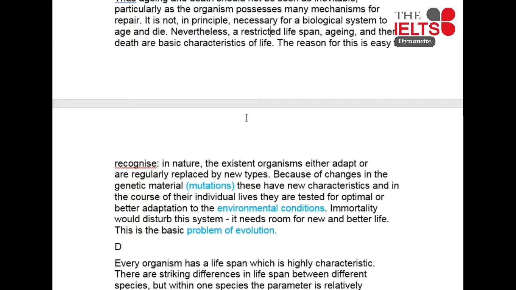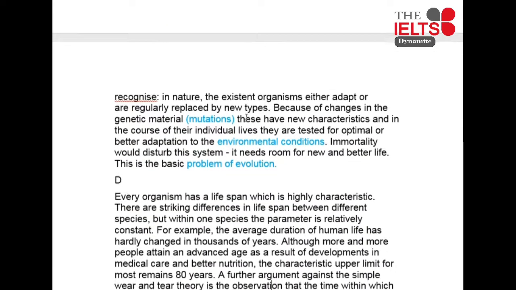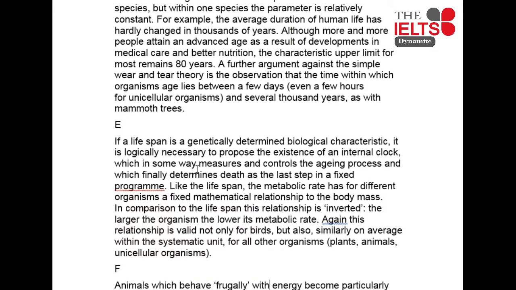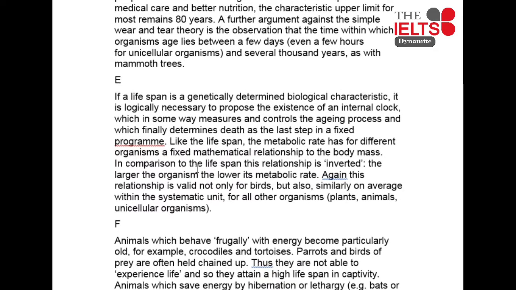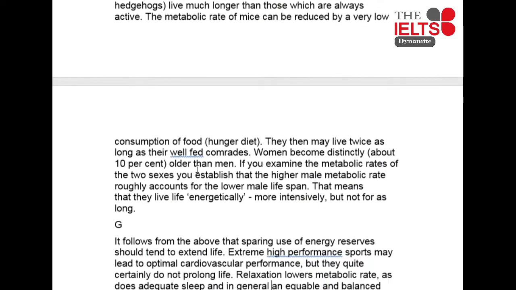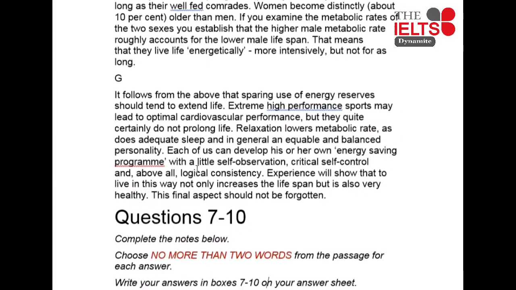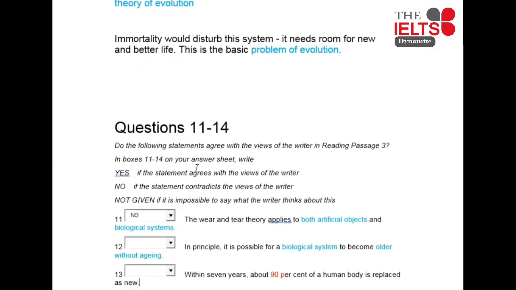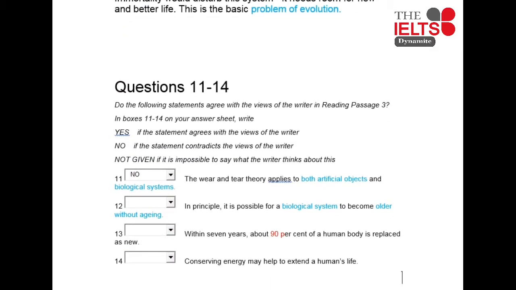Paragraph C, no digits again. Paragraph D, only 80 years, nothing to do with 90%. Here, no percentage. So actually there is no reference to this percentage in the passage. As long as it's not mentioned in the passage, the answer is not given.